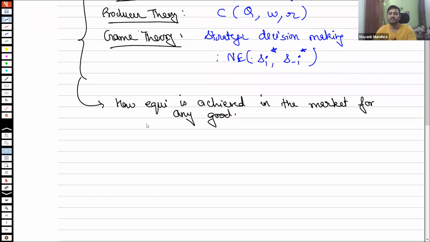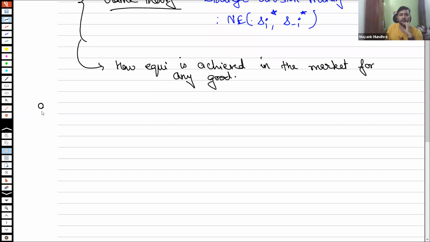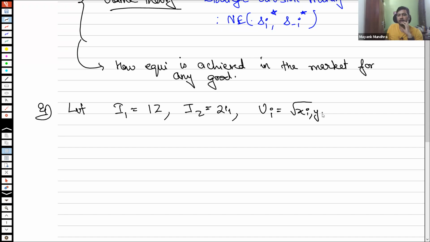So let's do a quick example. Let income of person 1 be equal to 12, income of person 2 equal to 24. Utility of both the agents is under root xi yi, and py equals to 3.